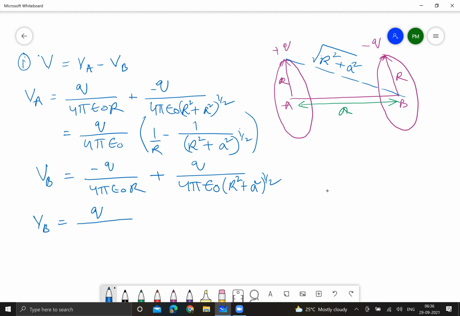In a similar manner, it becomes Q by 4 pi epsilon 0 into 1 by root of R square plus a square minus 1 by R.